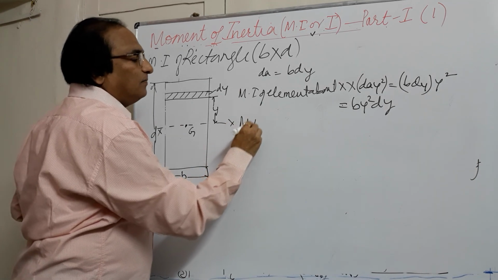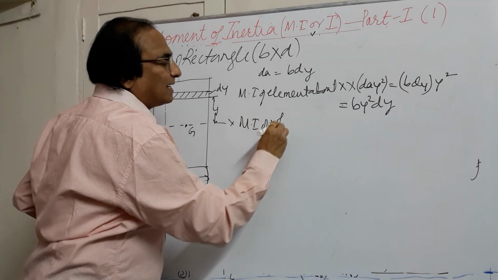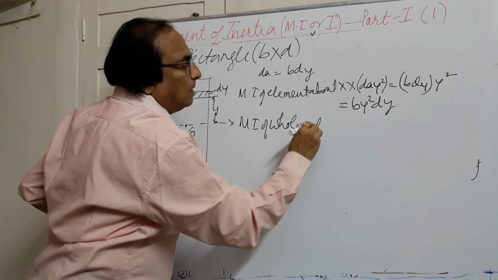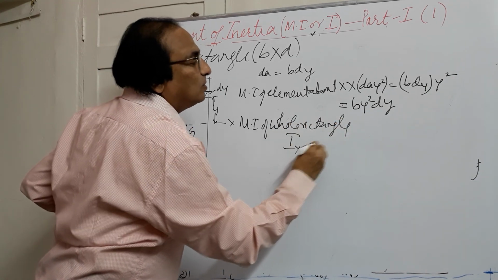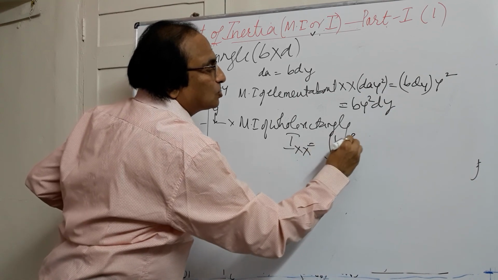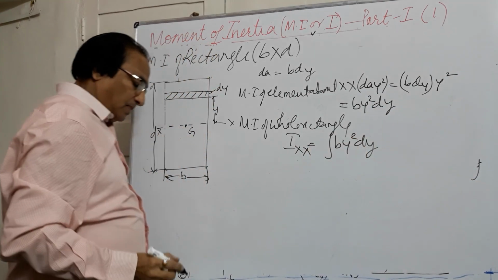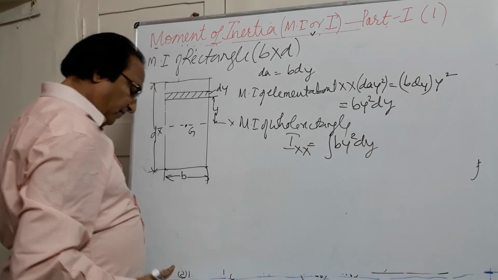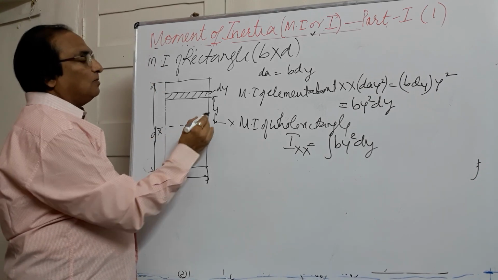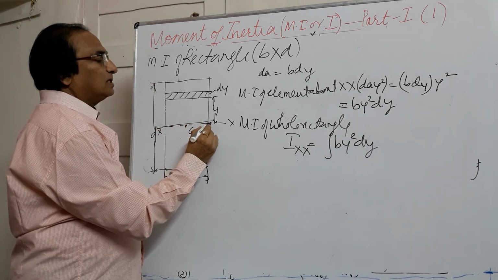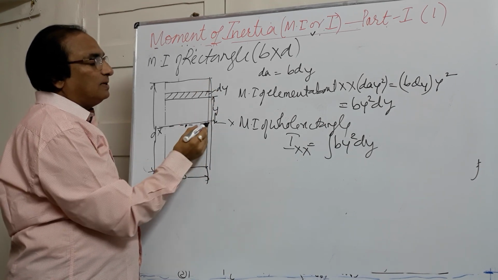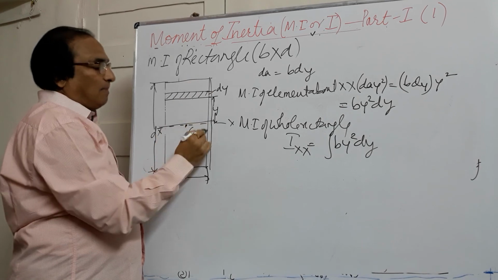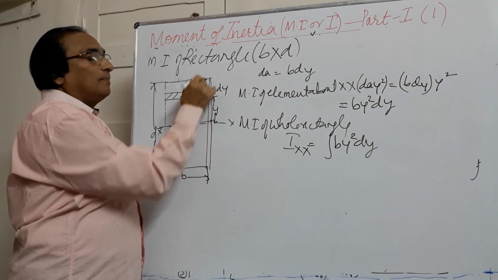Like this, moment of inertia of whole rectangle, Ixx, will be equal to integral b y squared into dy, and the limits of integration here will be, we are measuring y from the center. So this is upper half and this is lower half. So the limits of y will be minus d by 2 to plus d by 2.